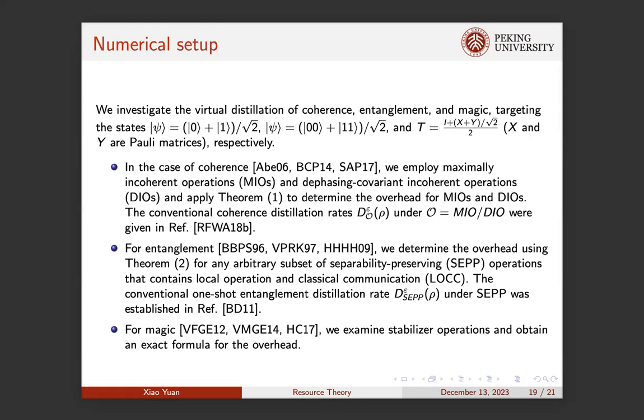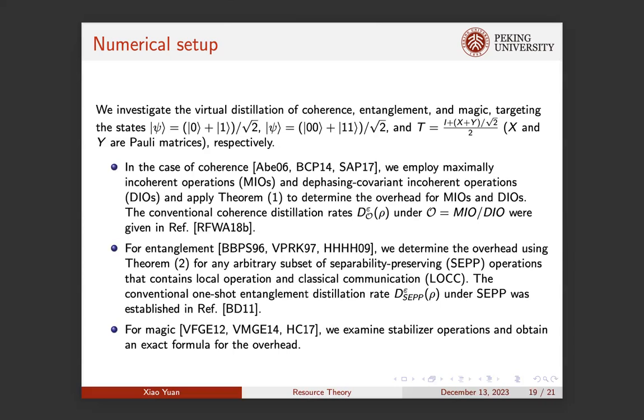For coherence, we consider the maximally incoherent operation and also the dephasing-covariant incoherent operation. We can calculate the virtual distillation overhead and rate and compare it to the conventional distillation rate. There are works for the conventional rate.